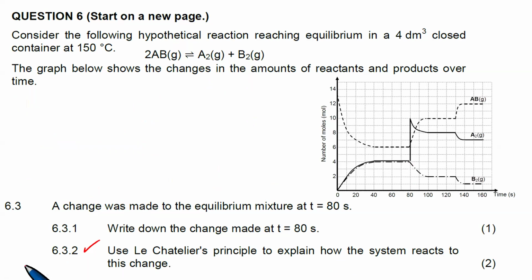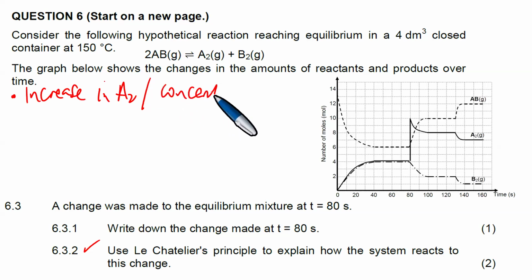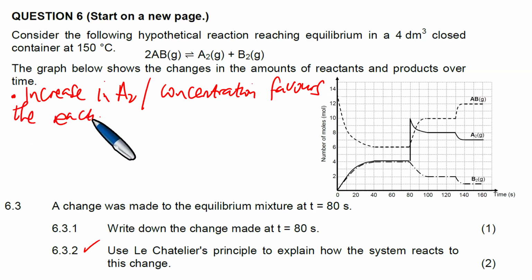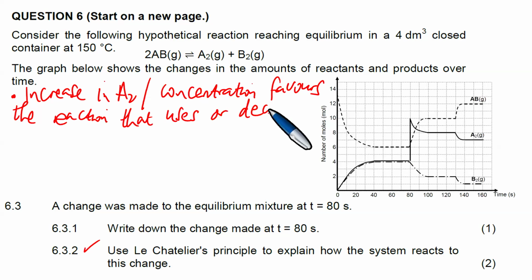Right, so in 6.3.2, the first thing we're going to say is: an increase in A2 concentration favors the reaction that uses or decreases the amount of A2. Okay, we're going to analyze together what this means.